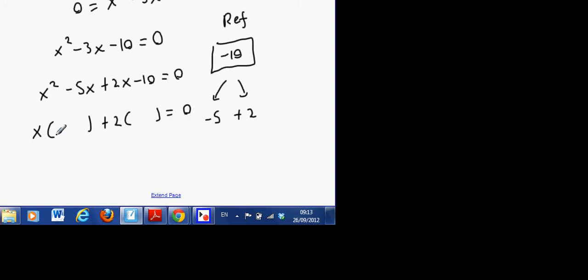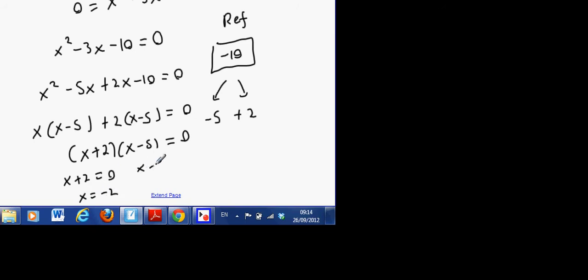Minus 5. The second one has to be there. Then we're left with x plus 2 into x minus 5 equals 0. And then finally the answer: x plus 2 equals 0, x equals minus 2. x minus 5 equals 0, bring it over, x equals 5.